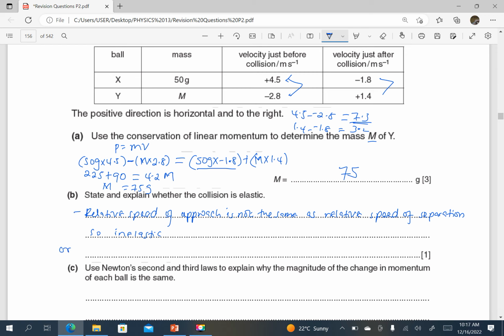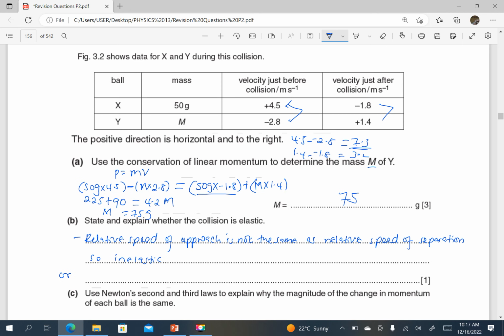Alternatively, you can check kinetic energies.